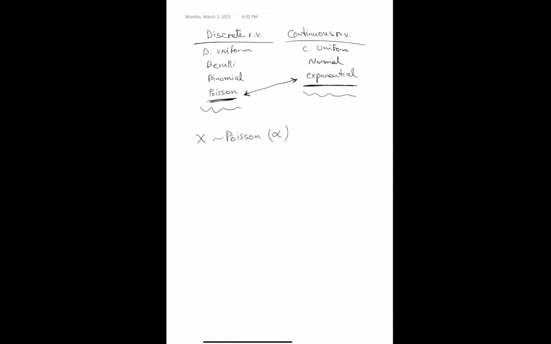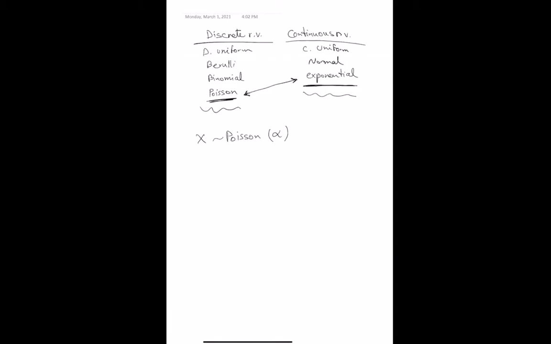Since it's a discrete random variable, it shows the number of times that, for example, an event has happened: the number of customers arriving at Starbucks in 1 hour, or the number of calls made to a call center in a specific hour.